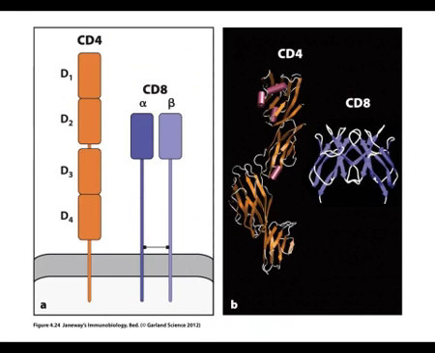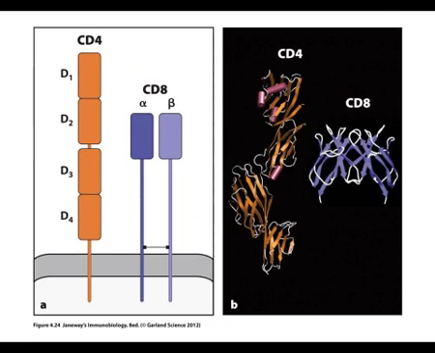Next to the T cell receptor, like I mentioned, there's the CD4 and CD8. The T cells have thousands of T cell receptors on them, and either CD4 or CD8 associated with all of them. It's only going to be one or the other. CD4 and CD8 are known as co-receptors, as opposed to a co-stimulator, something we'll talk about later.